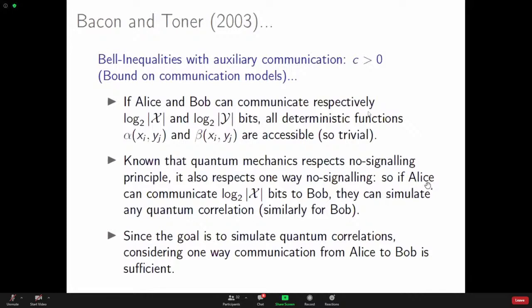So if Alice can communicate this many bits to Bob, they can simulate any quantum correlation. So without any loss, one can just consider that the goal is to simulate quantum correlation only by considering one-way communication from Alice to Bob. It is sufficient.